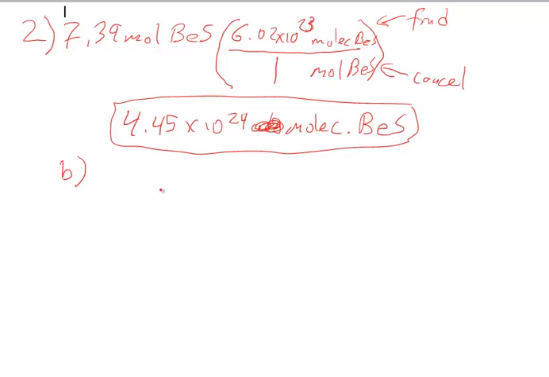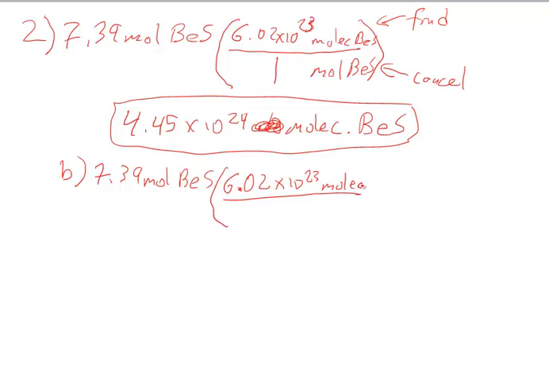For B, we're looking for how many atoms of beryllium. So we're going to start the same way, 7.39 moles of beryllium sulfide. Convert that to molecules. Since this is a compound, it has molecules. 6.02 times 10 to the 23rd molecules BeS for 1 mole beryllium sulfide.